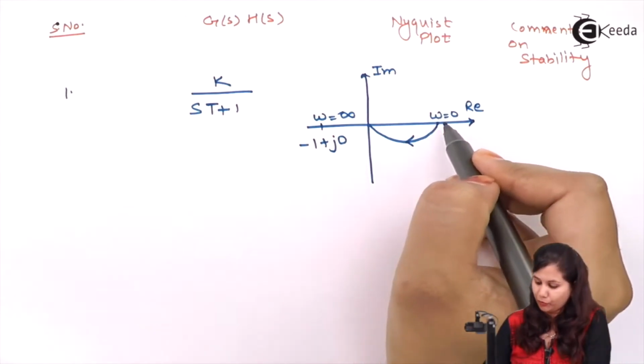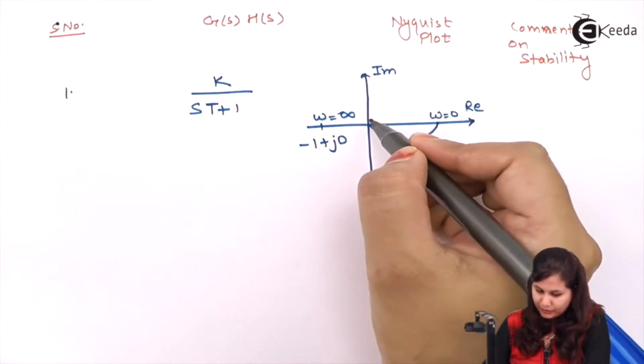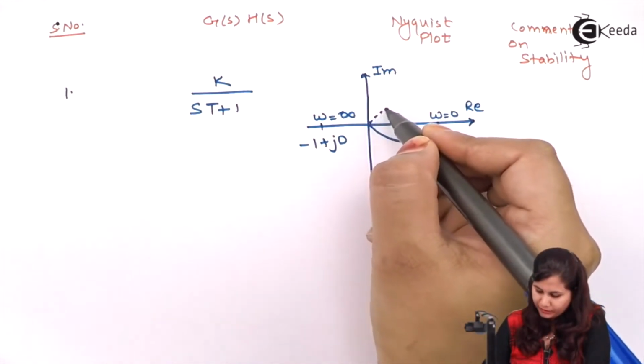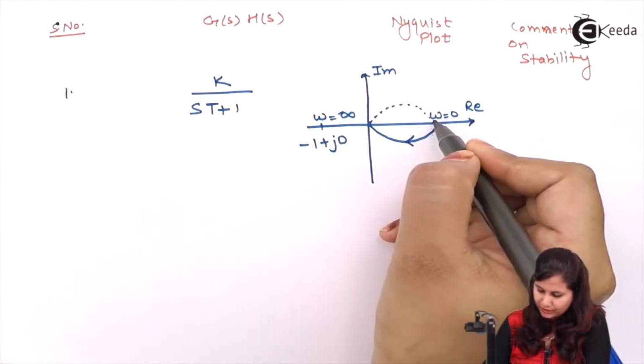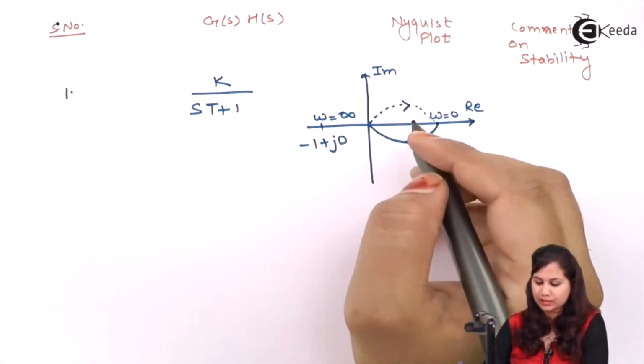It starts from omega equals 0 to omega equals infinity. The Nyquist plot is obtained by drawing the mirror image of this polar plot. So this is the complete Nyquist plot.